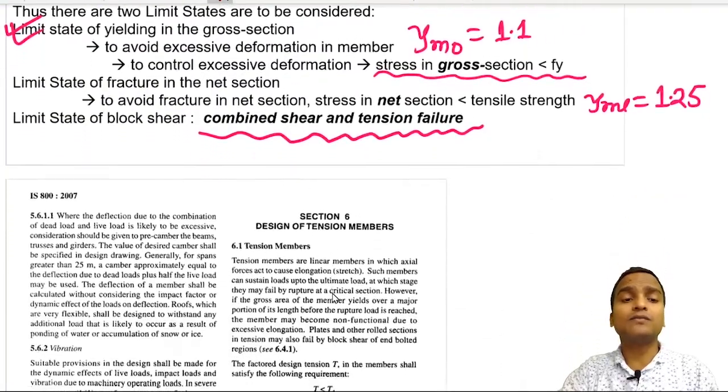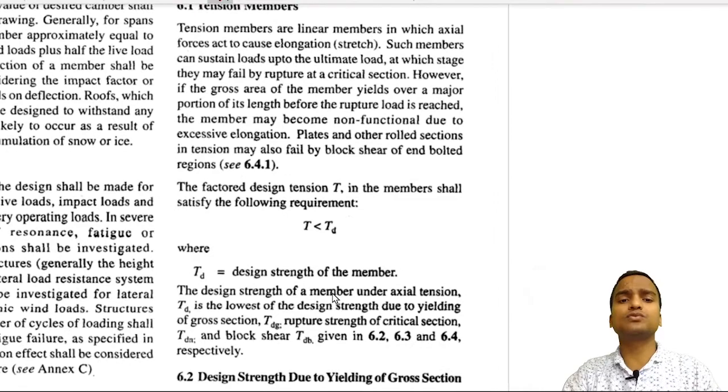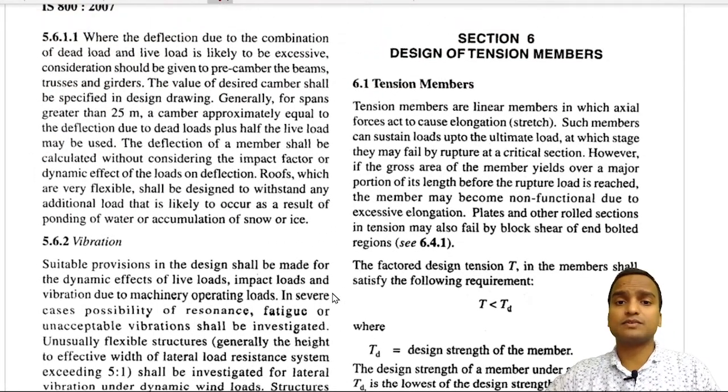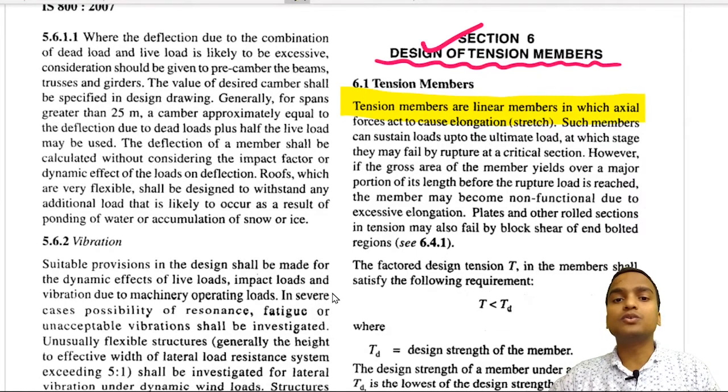If I talk from IS 800 2007, if you open Section 6, Section 6 is all about the design of tension members. You can read all this theory from the IS code itself: tension members are linear members in which axial force acts to cause elongation, stretch.